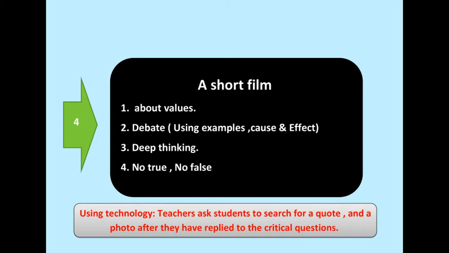And try to push them to use cause and effect. Try to collect deep thinking and no true, no false for the answers as usual. Day 4 is exceptional, the short film. I will show you now a short, effective film and the questions you can ask later.